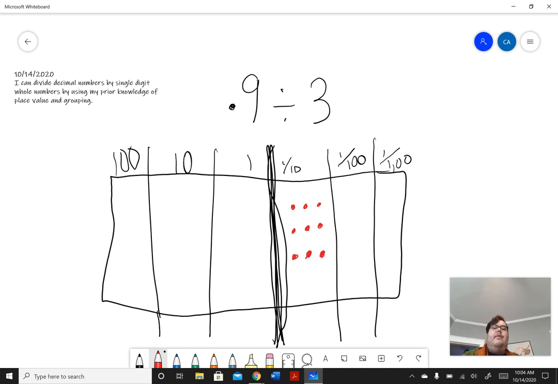I have 3 groups of 3 here, right? 1 group of 3, 2 groups of 3, 3 groups of 3. So when I divided 9/10 by 3 groups, I got 3/10, right? 3 groups of 3/10. So I could say that 9/10 divided by 3 is equal to 3/10.